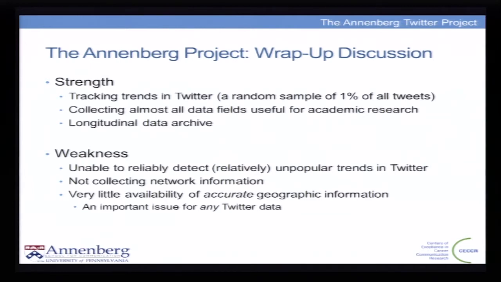This is not only the case for us, and it is potentially an important issue for any study using Twitter data. In our data, I just looked last night, only 1.5% has accurate geographic information.